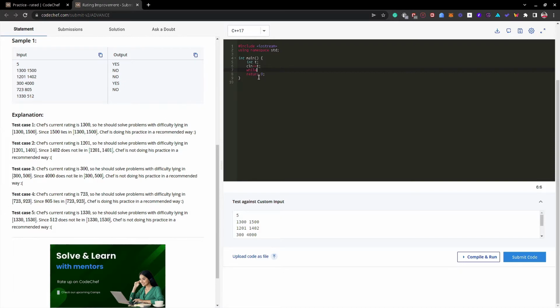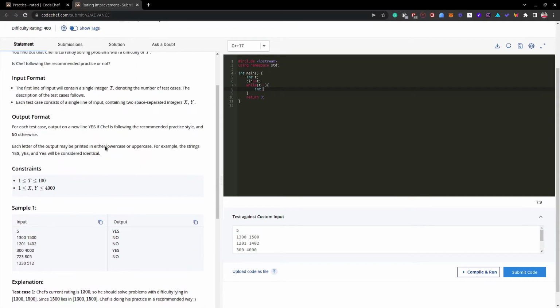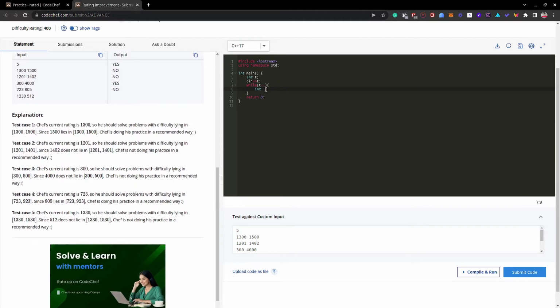Using the loop here for the test cases, and here we'll be taking two inputs, X and Y. Now taking inputs for them, we are just assigning them first.